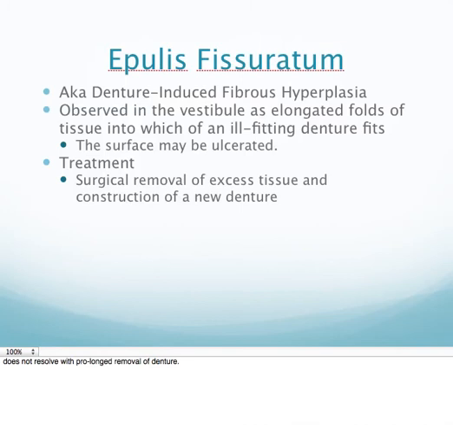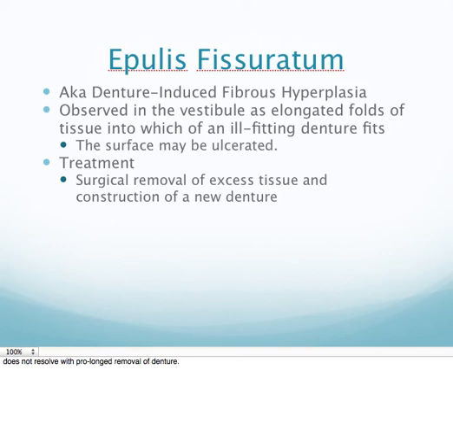Okay, epulis fissuratum, aka denture-induced fibrous hyperplasia. This is observed in the vestibule as elongated folds of tissue that an ill-fitting denture fits into. The surface becomes ulcerated from the denture. Basically, this is what you get when you do not remove your dentures for a long time.